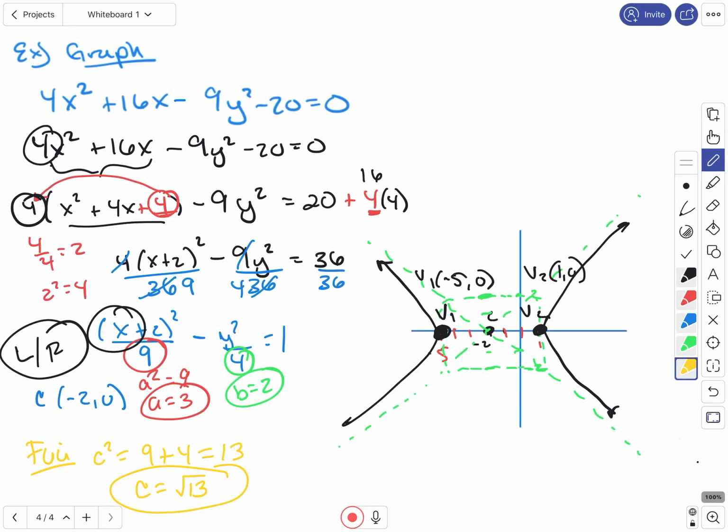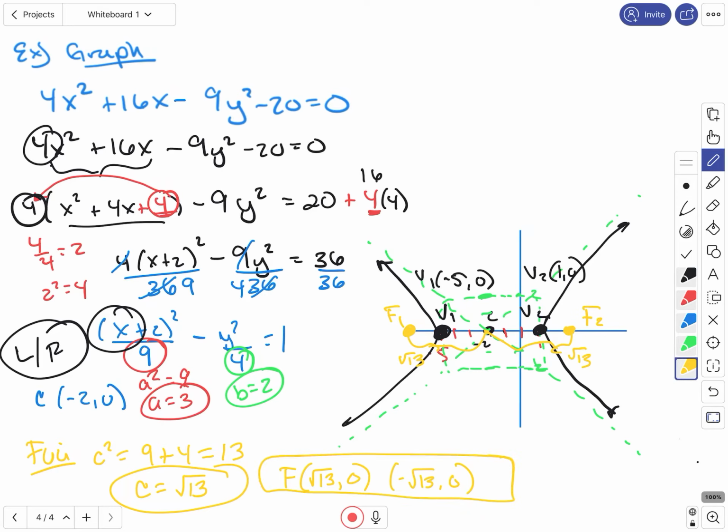So we're going to go root 13 to the right, and root 13 from the center to the left. So our focal points are at x equals root 13, y is 0, and x equals negative root 13, y is 0. Or you could just write plus or minus root 13, comma 0.